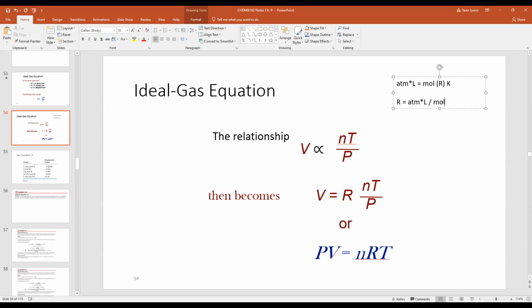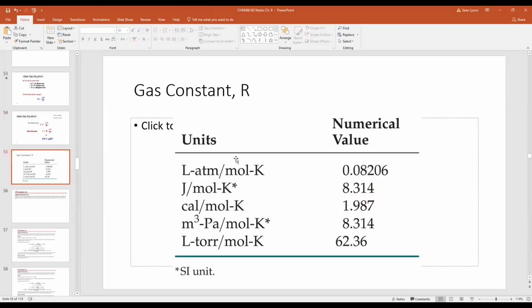So what we'll see is the units for R that we're going to use most frequently are going to be atmosphere times liter, or I usually say liter atmosphere on top. But we'll have the pressure and the volume units multiplied on top, divided by mole and Kelvin on the bottom. And that's why if you look at these units here, we have mole and Kelvin on the bottom in each case. The only thing that's different is what unit for pressure and volume we have.